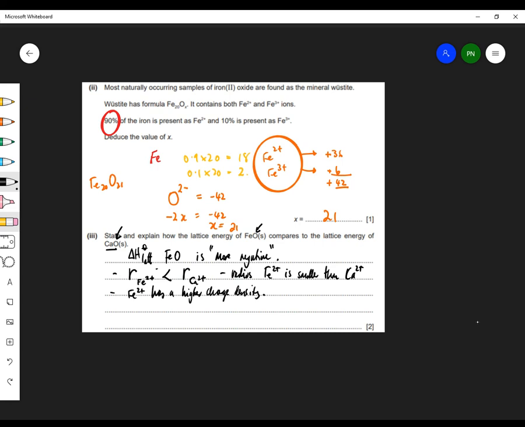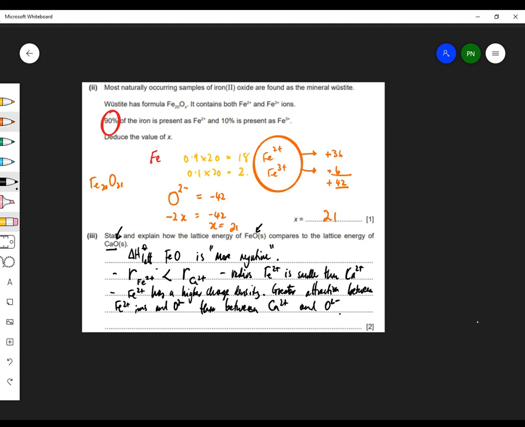And because it has a higher charge density, there will be a greater attraction between the Fe2 plus ions and the O2 minus ions than between the Ca2 plus and O2 minus. Okay, that's how you need to answer this.